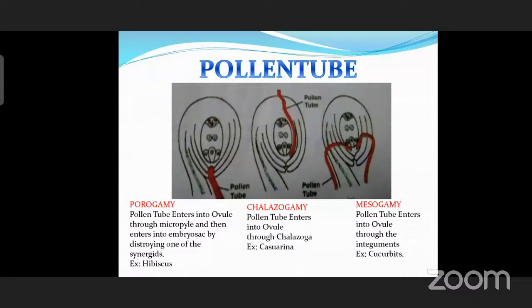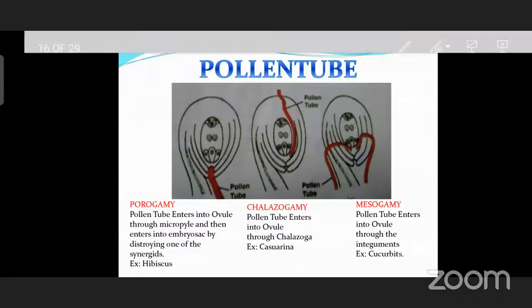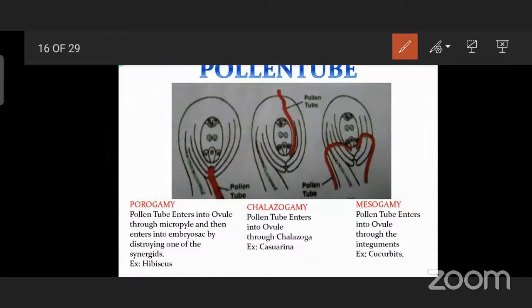The pollen tube, after reaching the ovary, enters the ovules through the micropylar region. This is porogamy. See here, this is the ovule, and this is the embryo sac. This embryo sac is haploid, 8-nucleate and 7-celled. This is the female reproductive organ.